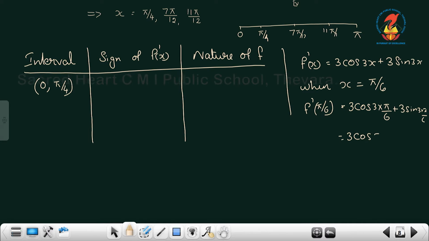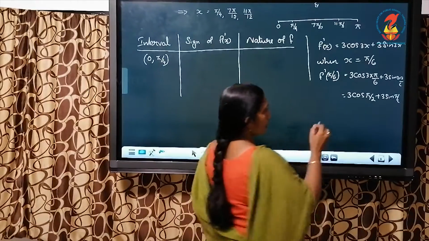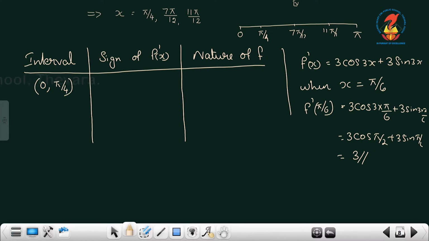That is 3 cos pi by 2 plus 3 sin pi by 2. Cos pi by 2 is 0, sin pi by 2 is 1. So 1 into 3 is 3. 3 is a positive number. So here it is positive, so we can write strictly increasing.